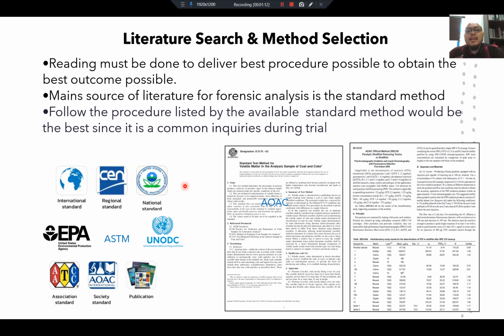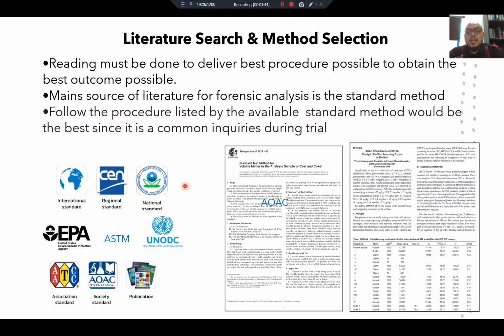You need to understand that the standard method is the method that has been proved and tested at several labs, validated and optimized. That's why the standard method is the best out of the others. It has been validated, optimized, and commonly accepted in court. So compared to the other kinds of literature, the standard method will be the best.